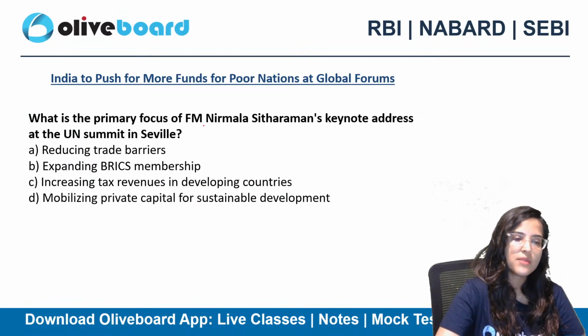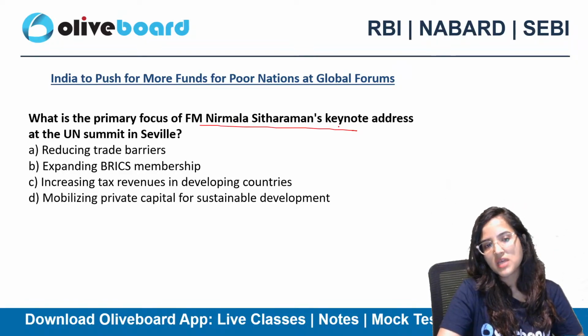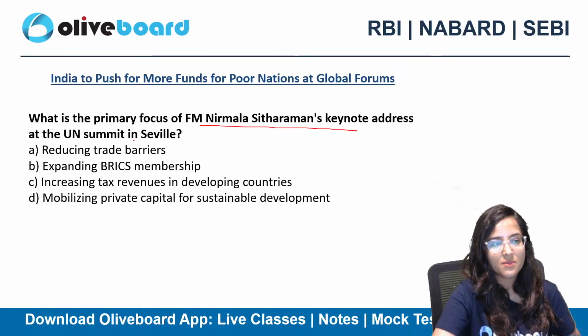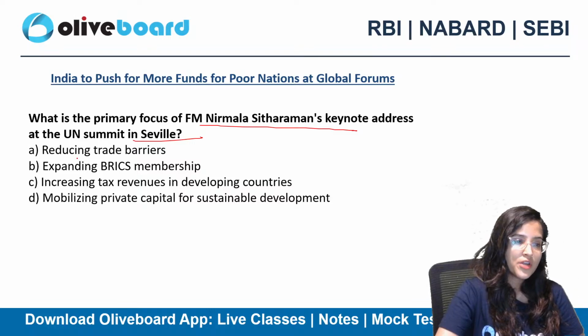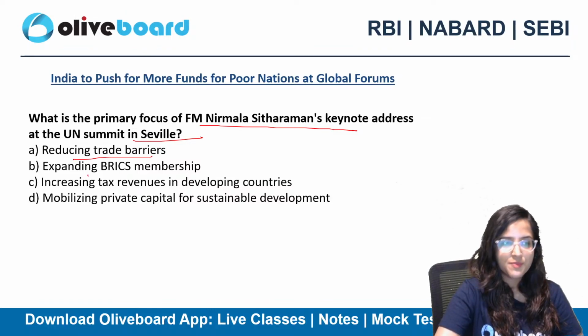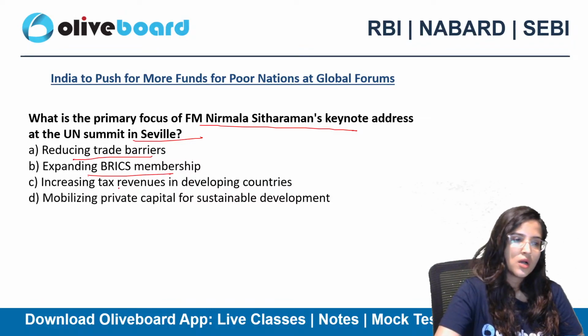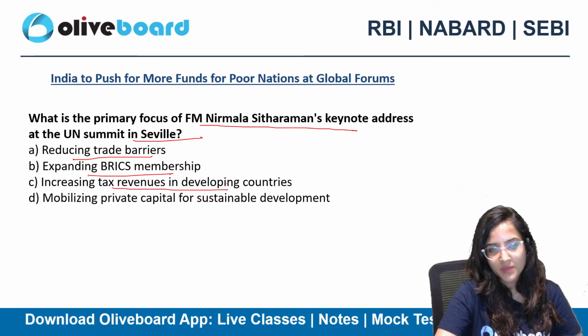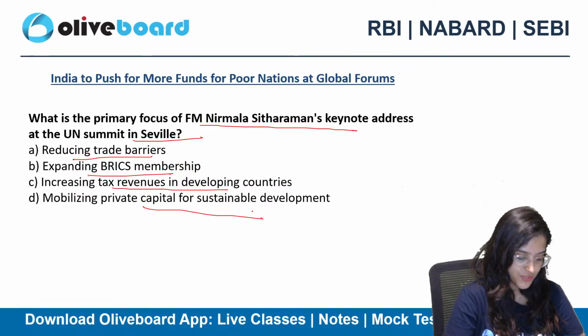So what is the primary focus of FM Nirmala Sitharaman's keynote address at the UN summit in Seville? Reducing trade barriers, expanding BRICS membership, increasing tax revenues in developing countries, or mobilizing private capital for sustainable development? What is the answer?